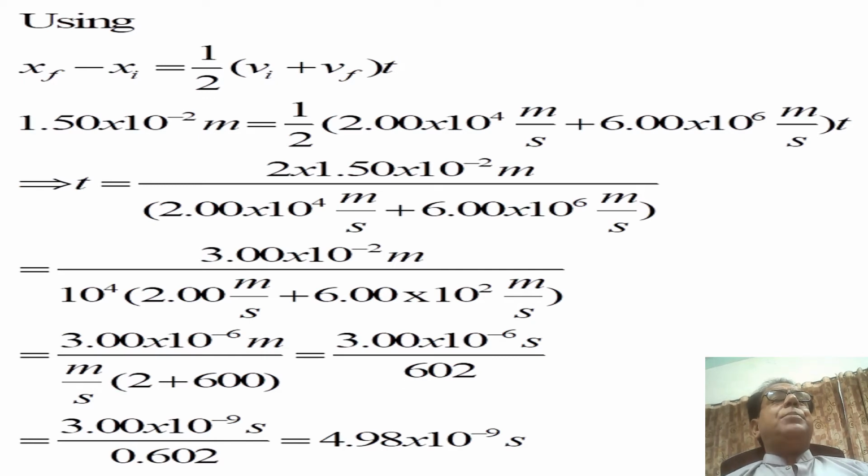Here sometimes we write delta x, sometimes x2 minus x1, sometimes x minus x naught. Similarly, sometimes we denote by Vi and Vf, sometimes simply V and V naught. It does not make any difference.